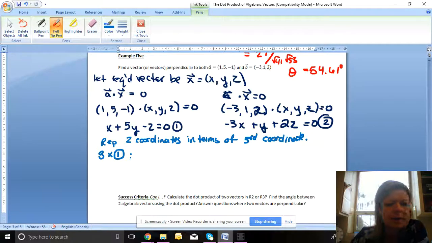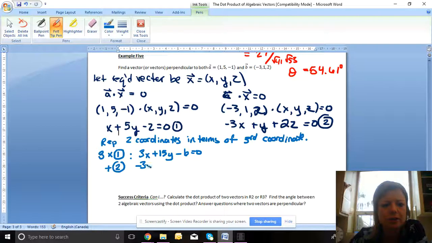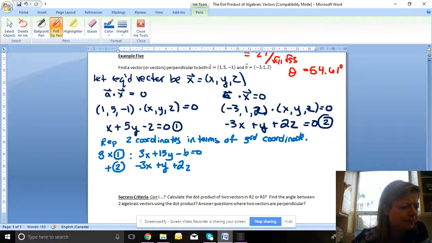So 3 times equation 1 is 3x plus 15y minus 3z equals 0. Okay, so we're just doing elimination here. So minus 3x plus y plus 2z. Sorry, that shouldn't be minus 6. That should be minus 3z.